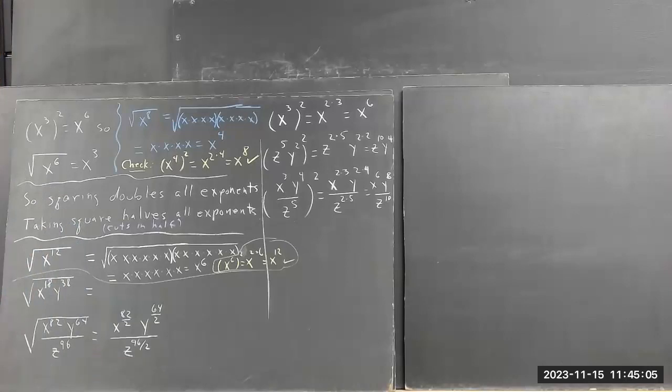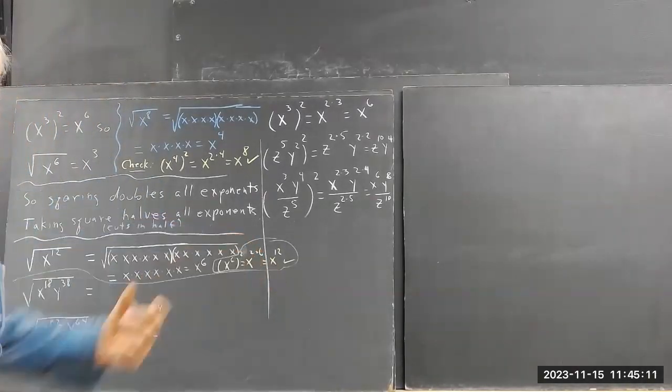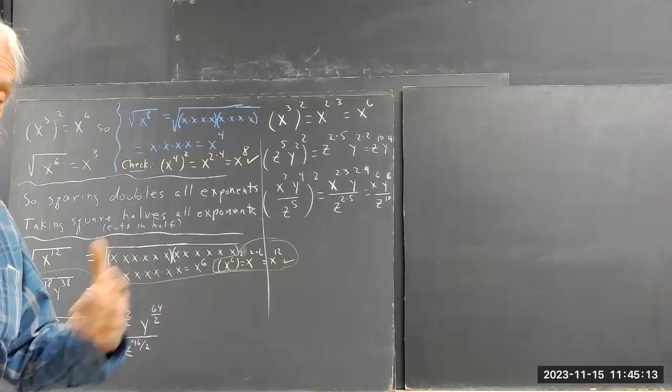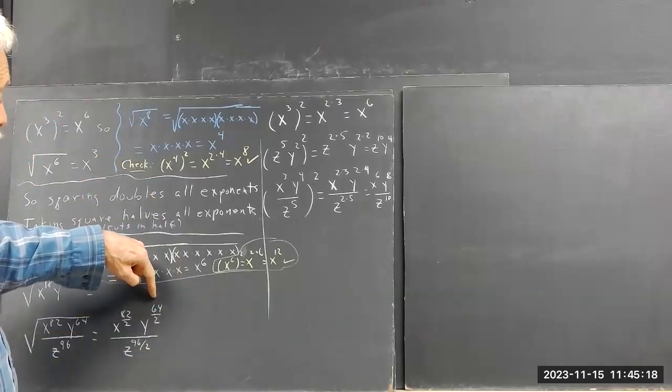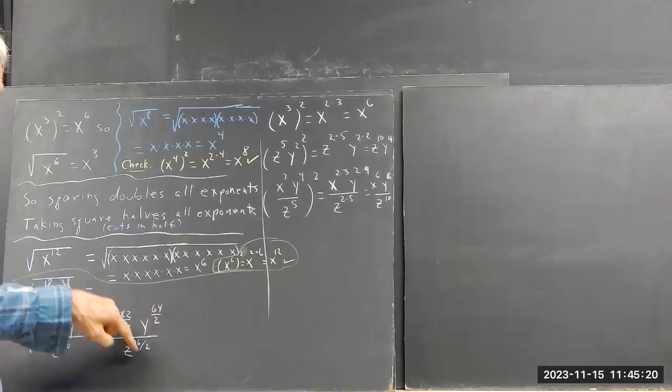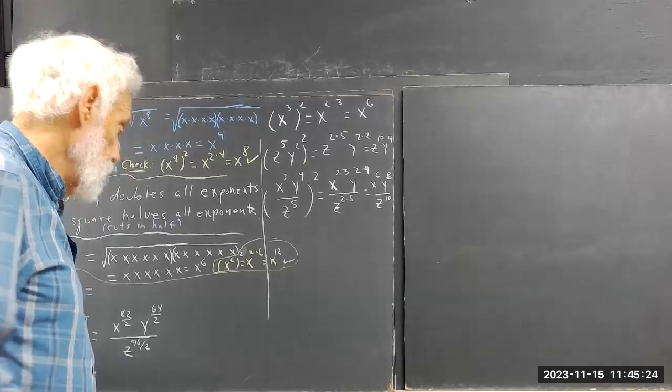That way, without having to write them all out, we can cut that string of 82 x's in half. And then we can figure out how many there are. We cut the string of 64 y's in half. We can cut the string of 96 z's in half. So what do we get?